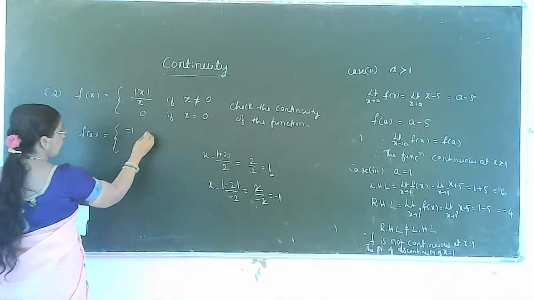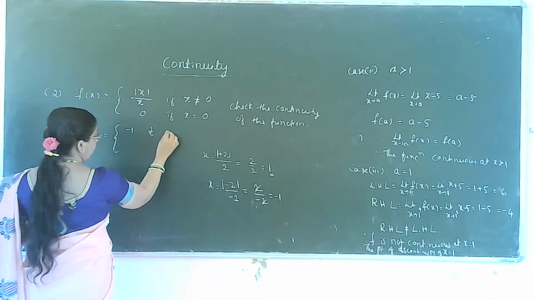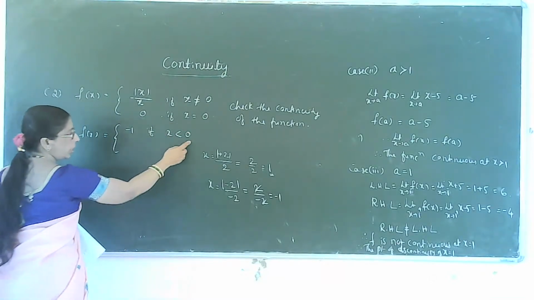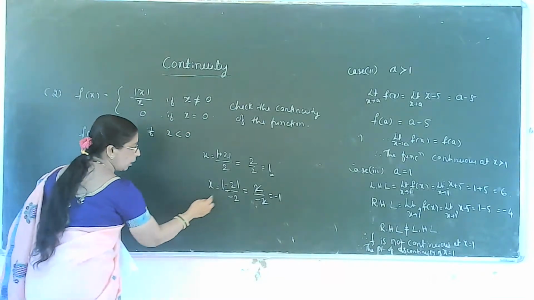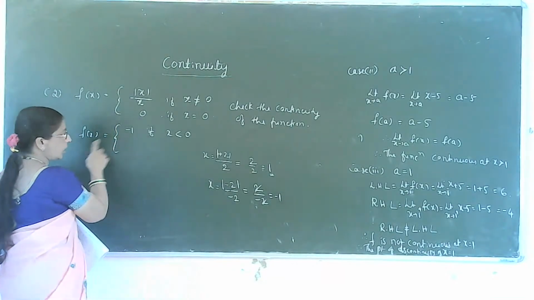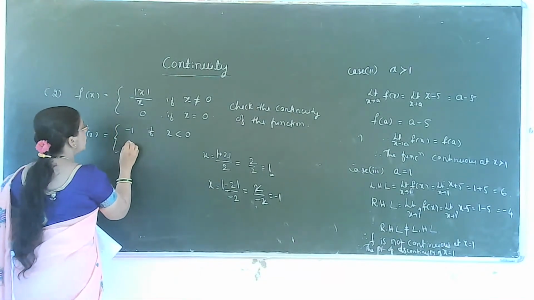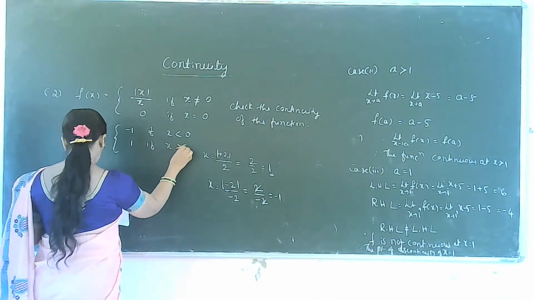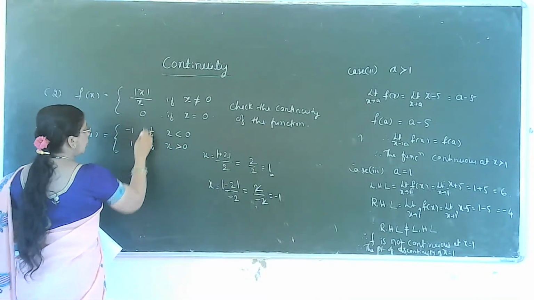The function is minus 1 if x is less than 0. It's a negative number; for all negative numbers, the function is minus 1. It is plus 1 if x is greater than 0.